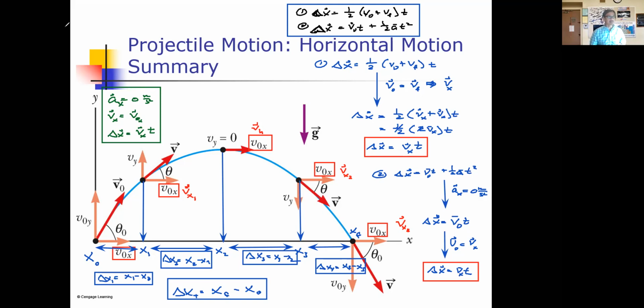So don't mistake what we're doing here for motion along the vertical. Remember, we're focused on the horizontal motion here, folks. This discussion only applies to the horizontal motion, but it makes it easy if you remember this. All right. Very good.